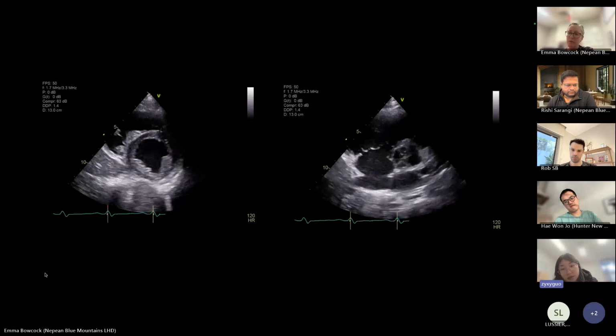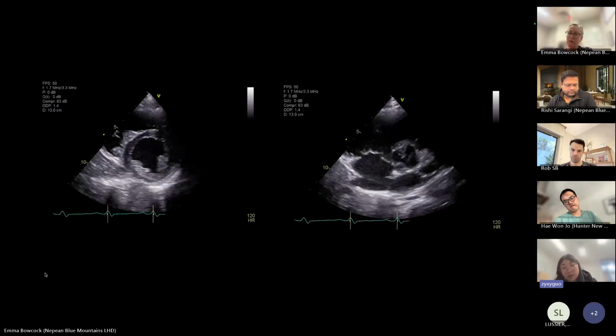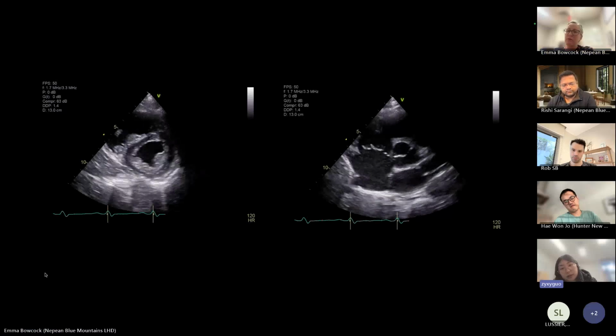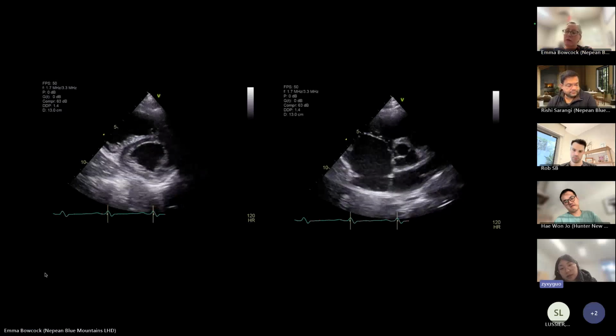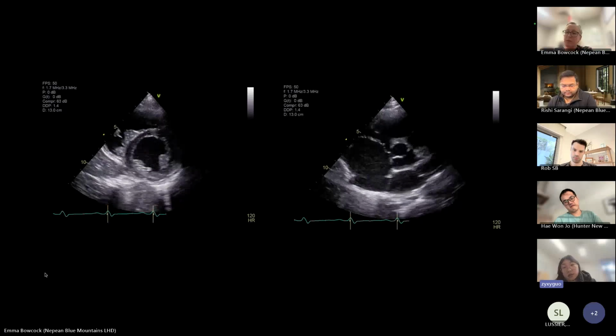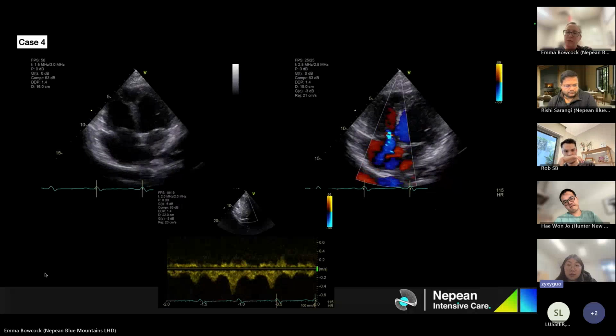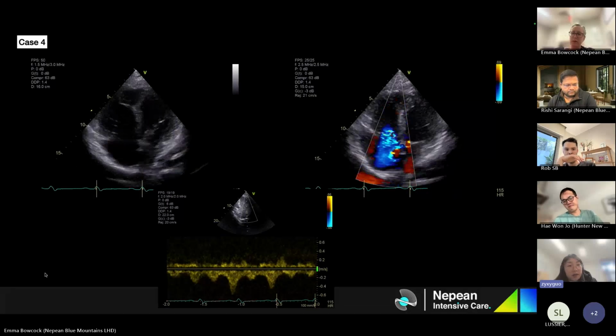The intra-atrial septum is not particularly well visualized here, but wouldn't be surprised if it's bowing towards the left. The aortic valve is tricuspid and there's no significant thickening. It appears to be opening well and I'm not seeing the pulmonary valve very well here.